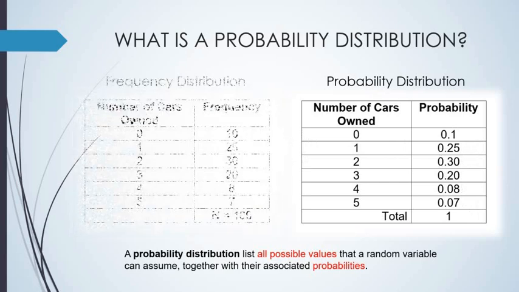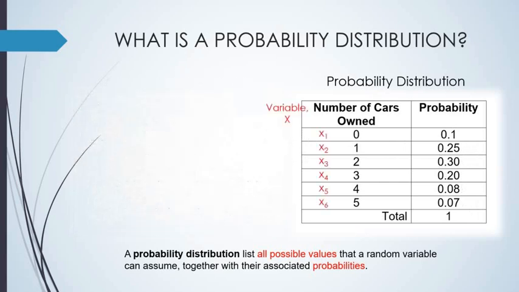Now, the notation related to the probability distribution. The variable is normally represented by a capital letter, for example, capital letter X. And then the small letter will represent the values that the variable takes.